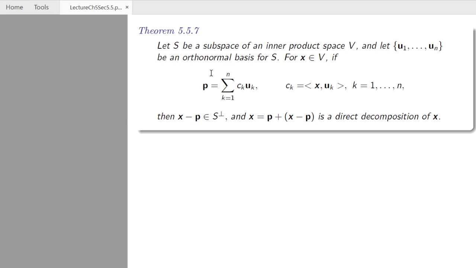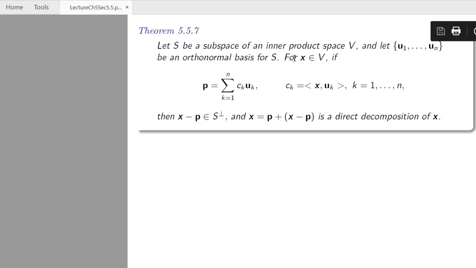Theorem 5.5.7. In this case, we consider an inner product space V, and S is a subspace of V. We assume U1, U2 to Un is an orthonormal basis for this subspace.